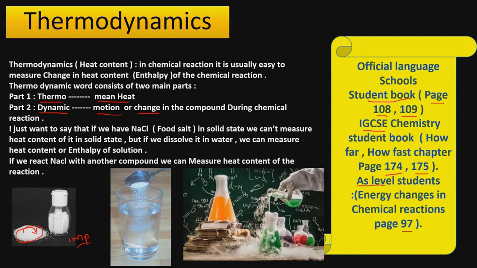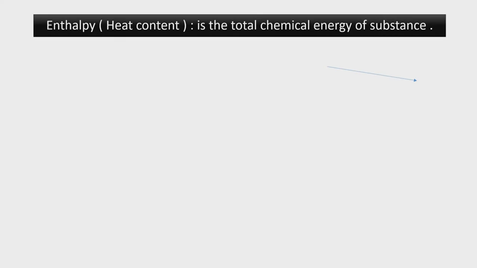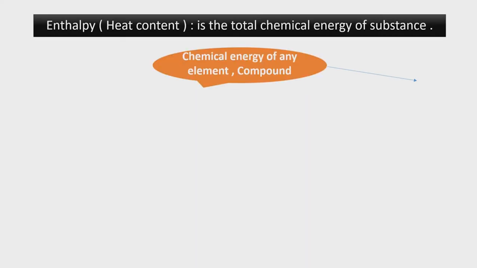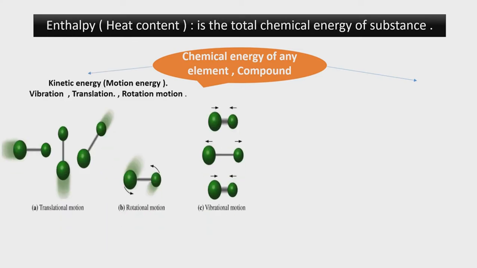We can say that the enthalpy or heat content is the total chemical energy of a substance. The total chemical energy of a substance is divided into two main parts. The first part is the kinetic energy or motion energy.